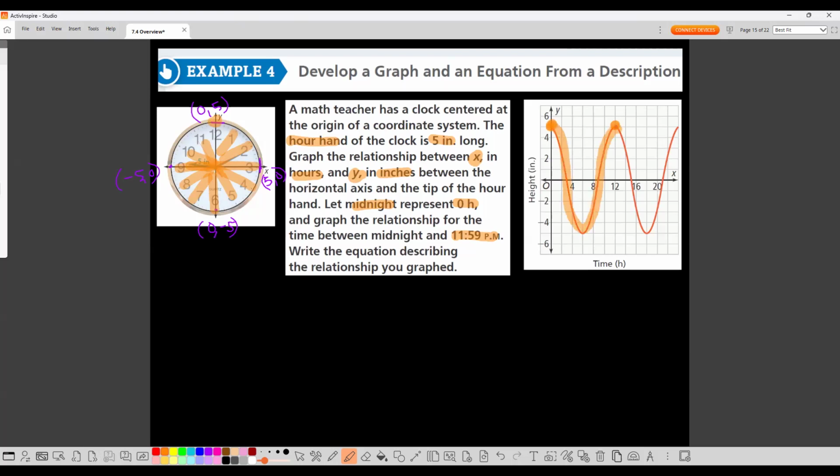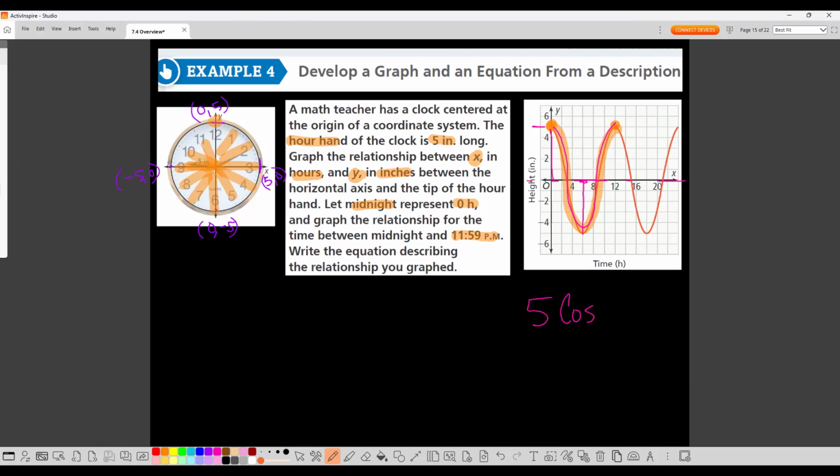So writing the equation for that, well, what's your amplitude? How far from the midline do you go up or down? 5. And it is the cosine graph because it's starting from the y-axis and it's a valley, so the cosine.